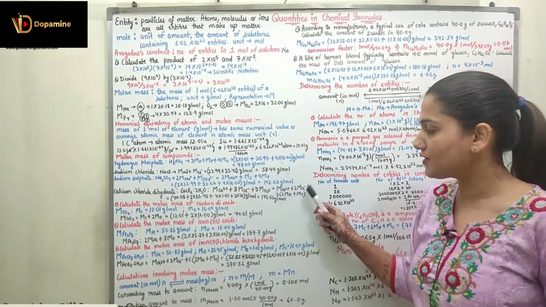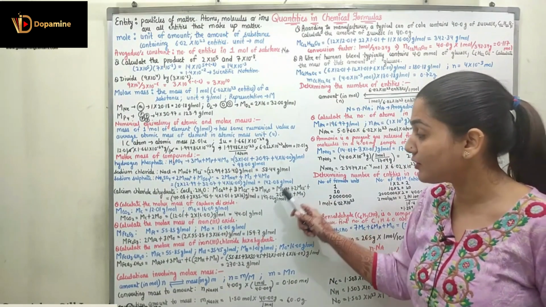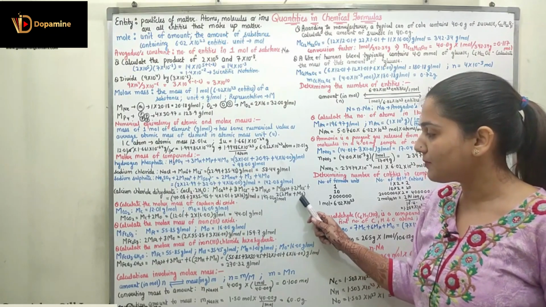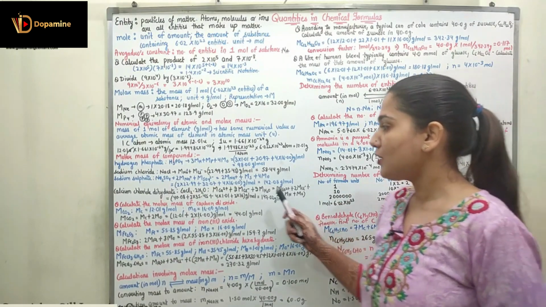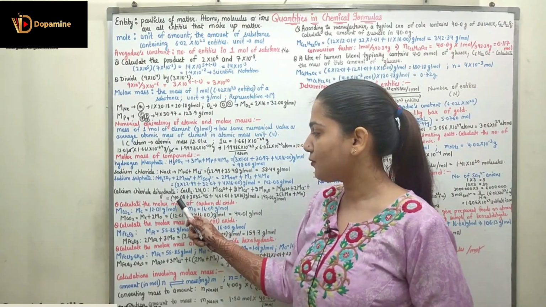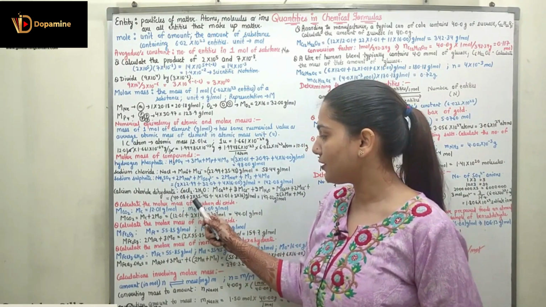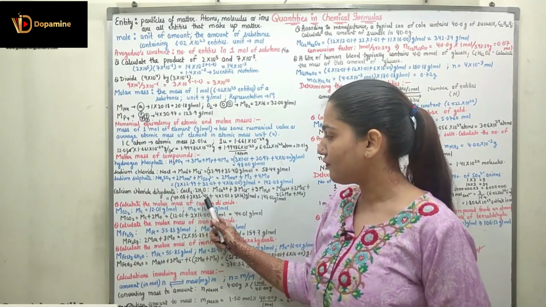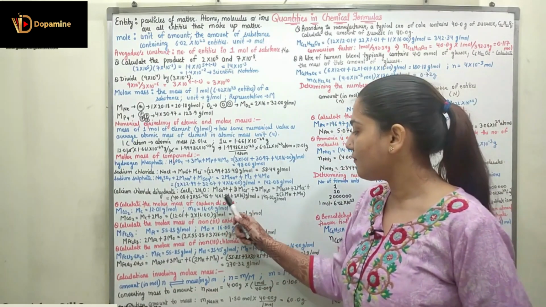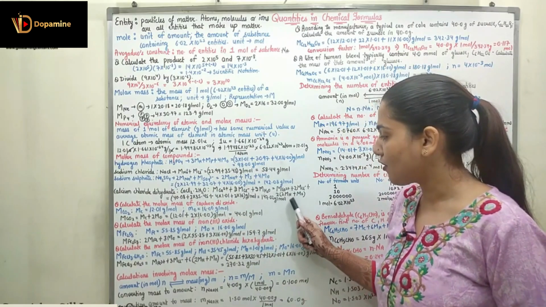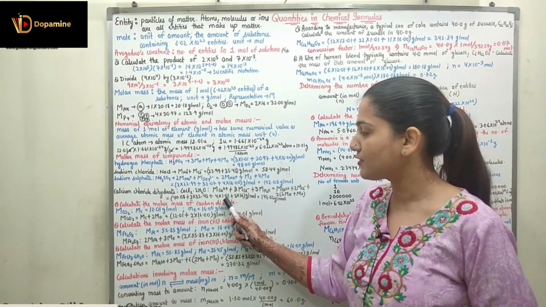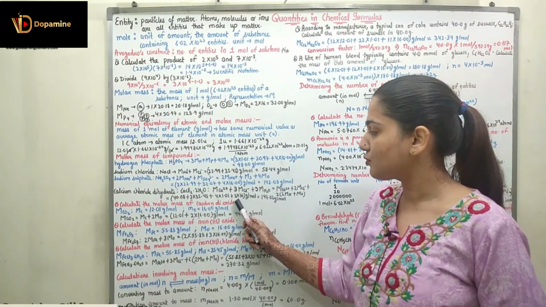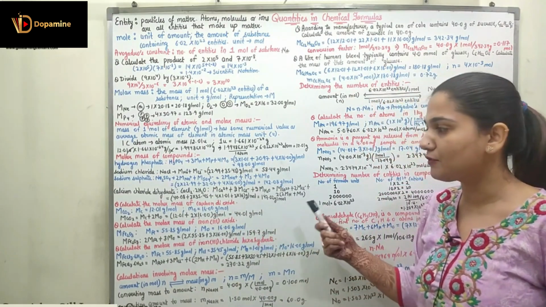Molar mass of Ca2+ plus 2 times molar mass of Cl- plus 2 into H2O, which is composed of 2 molar mass of hydrogen plus molar mass of oxygen. So the molar mass of Ca2+ is 40.08, plus 2 into the molar mass of chloride ion, which is 2 into 35.45, plus 2 into 2 molar mass of hydrogen, so 4 into the molar mass of hydrogen, which is 1.01, plus 2 into the molar mass of oxygen, which is 2 into 16, so 147.02 gram per mole.